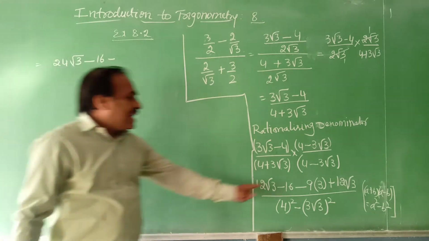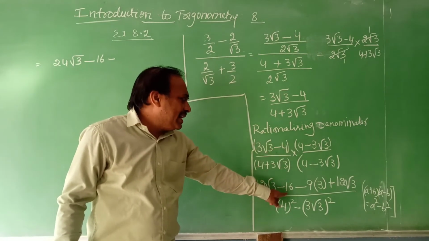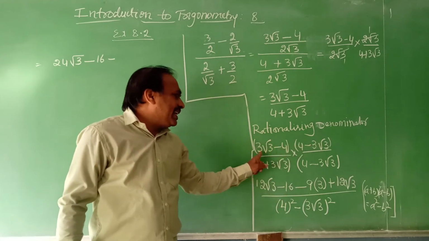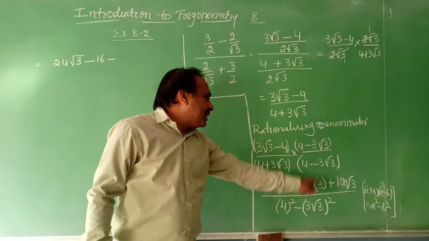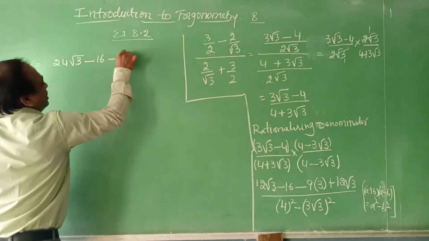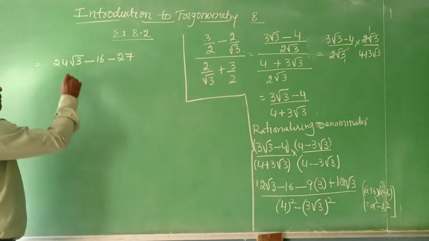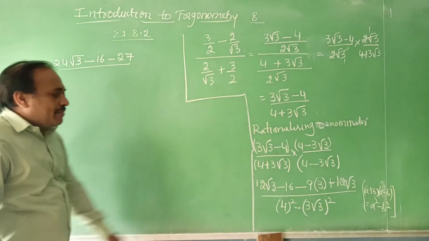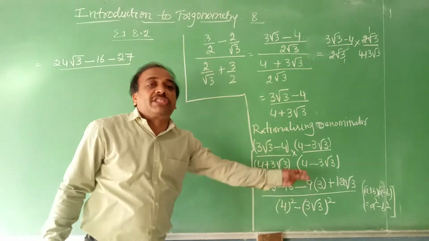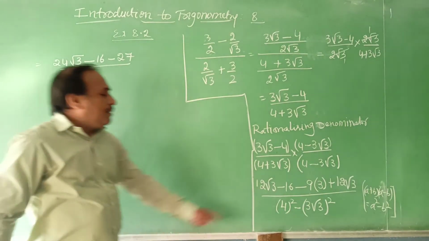minus 9 3s are, observe it. Here 4 4s are 16, minus 16. When you multiply 3 into 3, 9, and root 3 into root 3 is 3, 9 3s are 27. This is minus 27. Minus 16 minus 27 by a square minus b square. A square is 4 square, that is 16, minus.